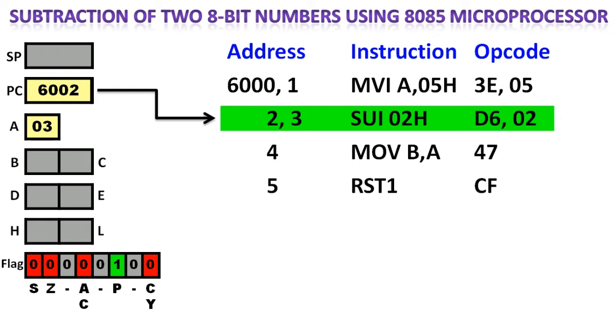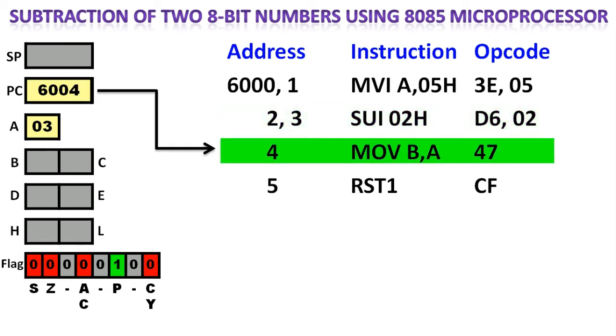Then parity flag is 1 because the number of logic ones in this accumulator is 2, that is, an even number of ones. Then carry flag is 0 because in subtraction operation the carry flag acts as a borrow flag. So borrow has not been generated, the result is positive, so carry flag is set to 0.